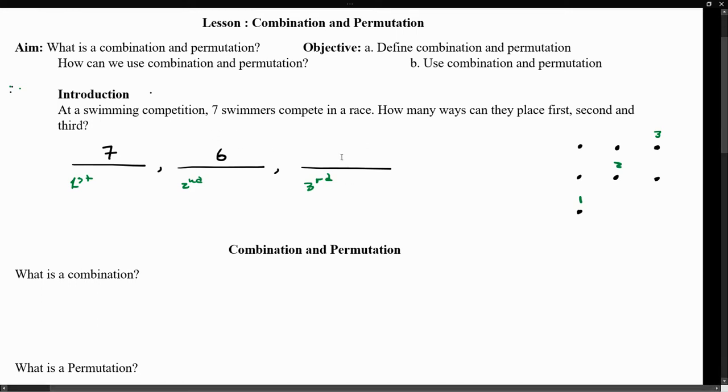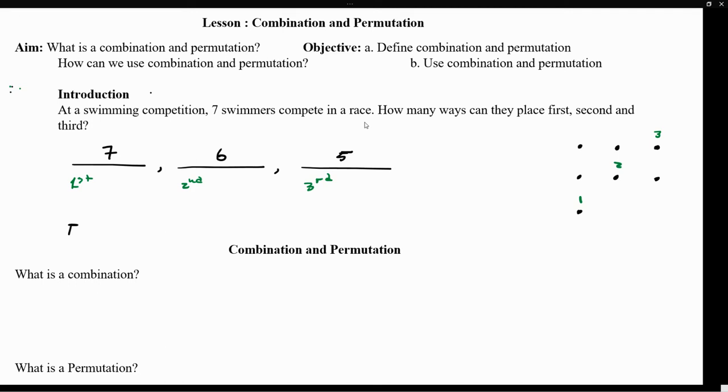Now, for third place, there are 7 in total. There was one person who was already selected for first place, and another person already selected for second place. So now there must be 5 to select from for third place.